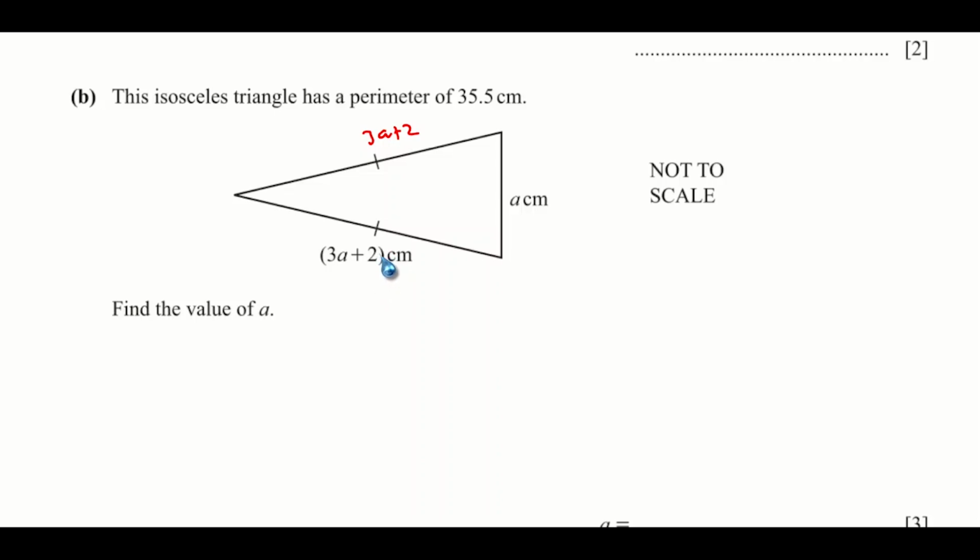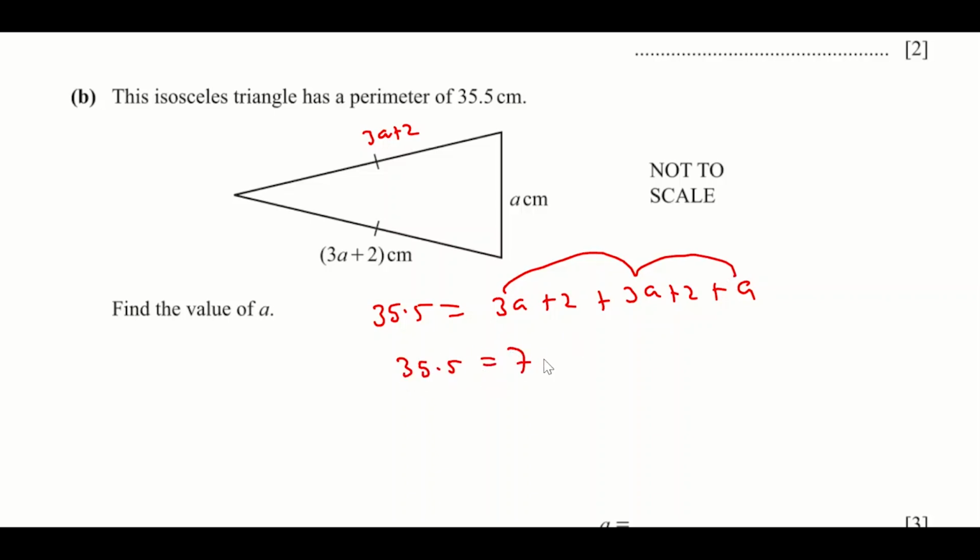So 35.5 should be equal to the addition of the three sides: 3A plus 2 plus 3A plus 2 plus A. This and this add up to 6A and this 7A. So 35.5 will be equal to 7A, then this and this add up to 4.